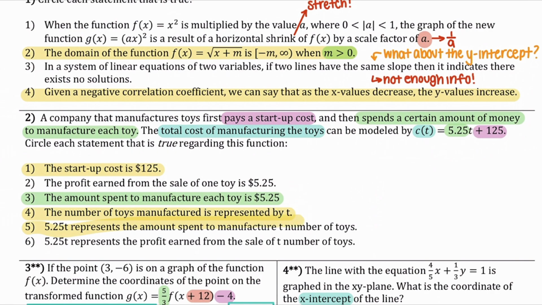That is also true, because if we know it costs $5.25 to manufacture one toy, then to manufacture T number of toys, we multiply them together to get the final cost. And once again for number 6, here they tell us that 5.25T represents the profit earned from the sale of T number of toys. Once again, nowhere in the problem does it talk about making money or profit earned, anything like that. So that concludes number 2.